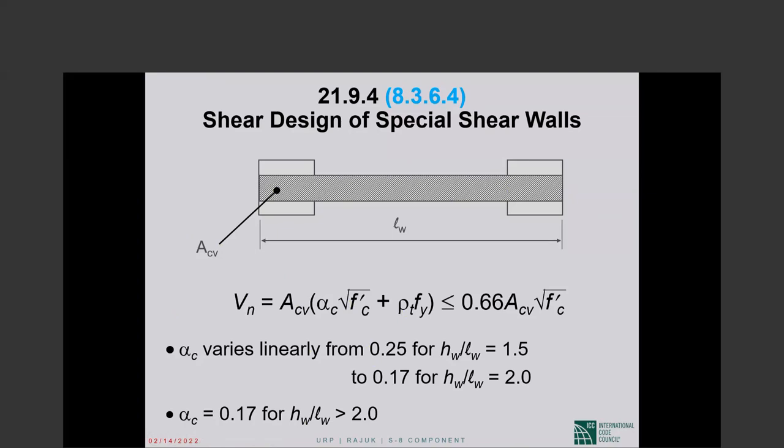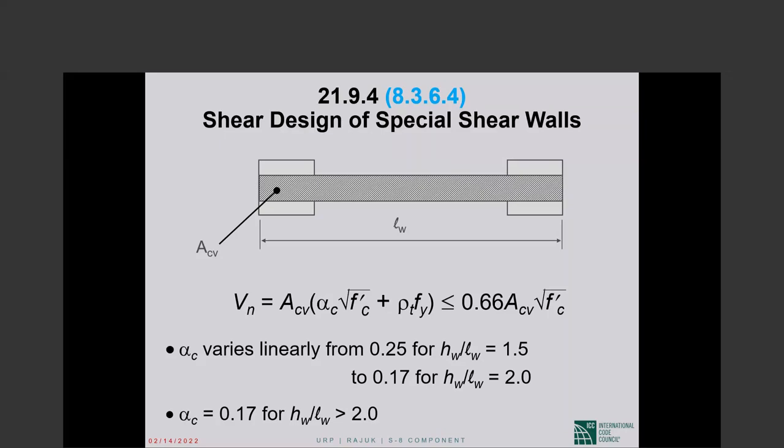A sub cv is the total length of the shear wall from one extremity to another extremity times the thickness of the web. The overhanging flanges don't count. If you have columns at the end, the overhanging portions of the columns don't count. It is the length of the shear wall multiplied by the thickness. Okay, A sub cv.